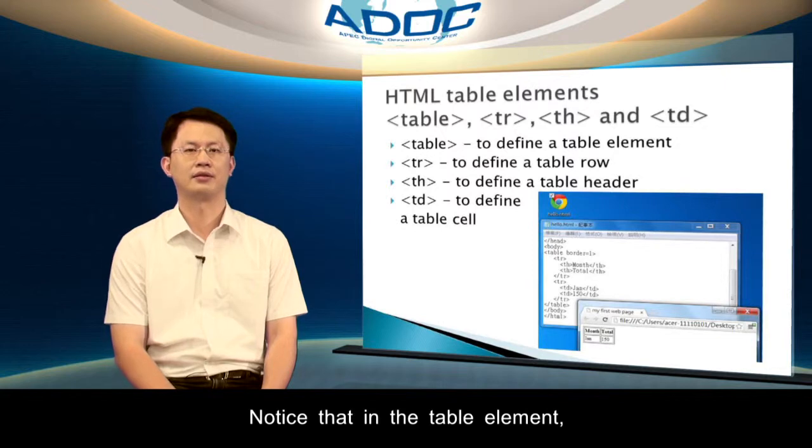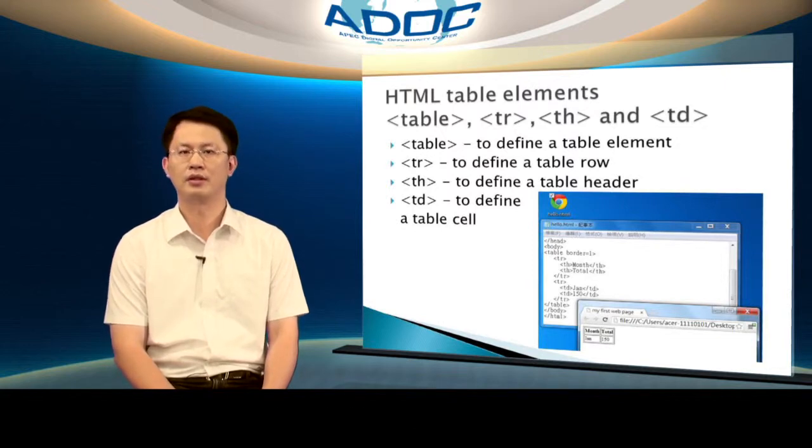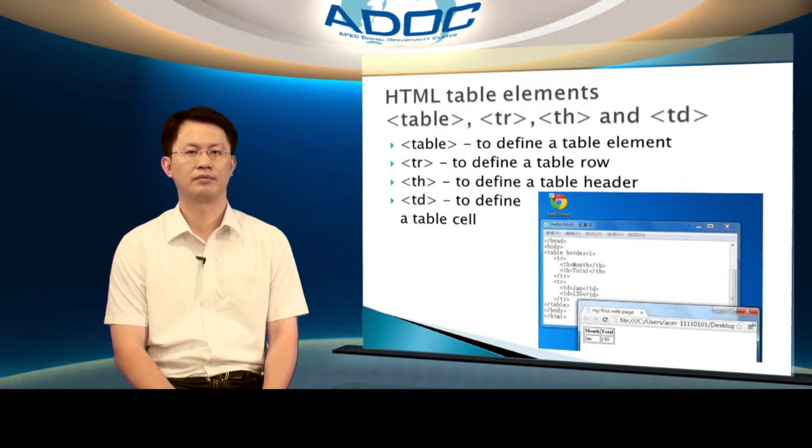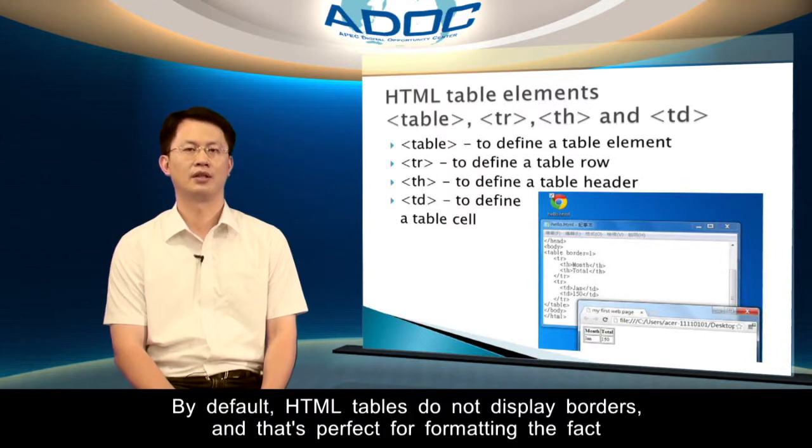Notice that in the table element, we specify one attribute, border, with a value of 1 to set the border width. By default, HTML tables do not display borders. And that's perfect for formatting.